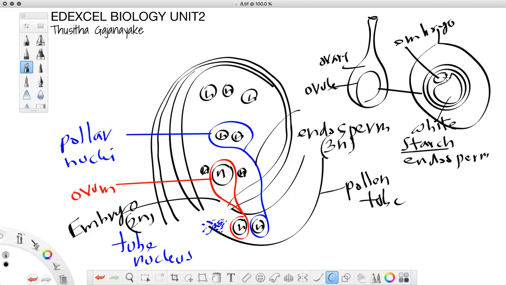So this seed can make a new plant, because the embryo can grow to make a new plant. Okay, do you have any questions?